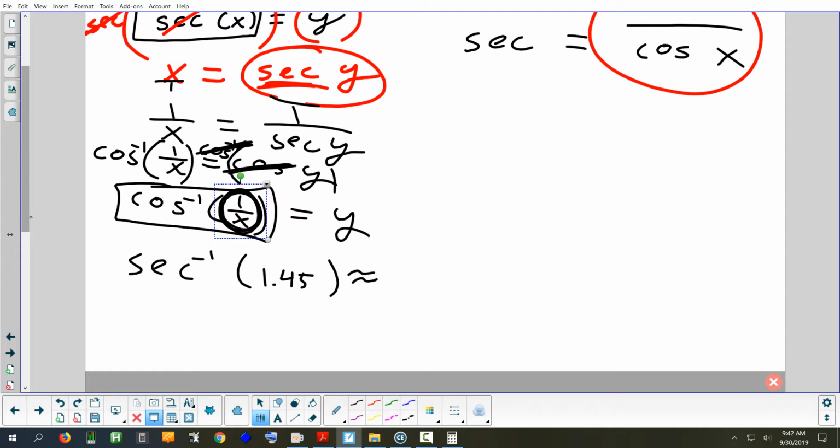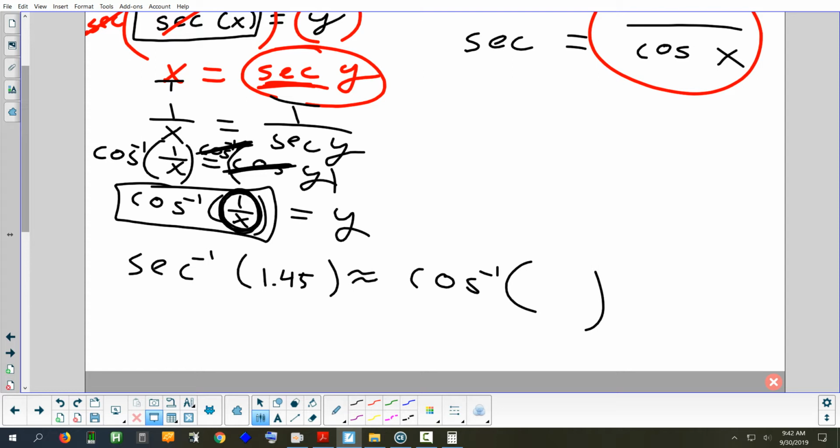All right, so I don't have a button for inverse secant. So Emily, what function are we going to use instead of inverse secant that we do have a button for? The inverse cosine. Yes, the inverse cosine. So you can do this problem with inverse cosine, but what do you have to do with the 1.45? Jason?